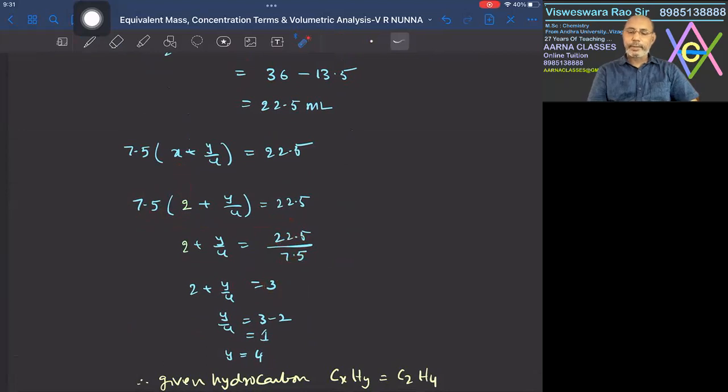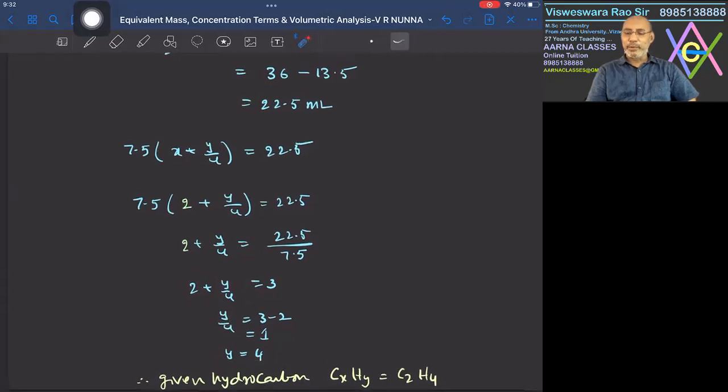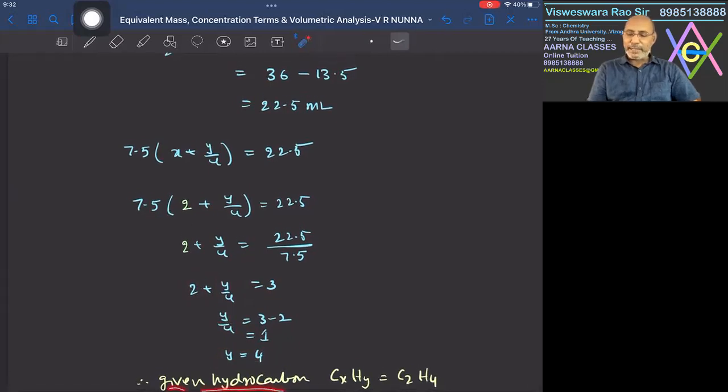So 2 plus Y by 4 is equal to 3. Y by 4, I will take 2 this side, 3 minus 2 is equal to 1. Y by 4 is equal to 1, Y is equal to 4. You got Y also, X you already got. The given hydrocarbon is CxHy, that is C2H4. That is the given hydrocarbon.